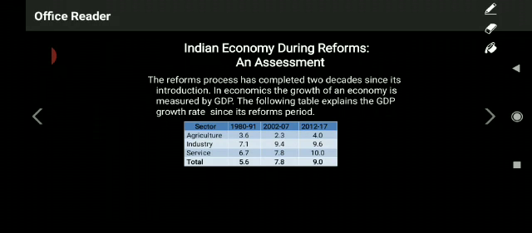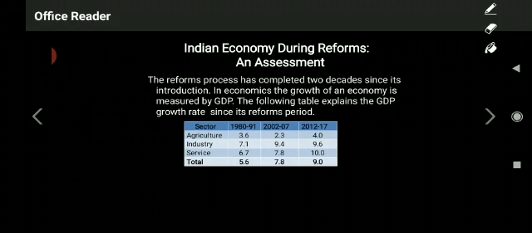Because of that, there was a drastic increase in the service sector during the reforms period. If you are assessing the Indian economy during reforms, the service sector has grown like anything during the reforms period.